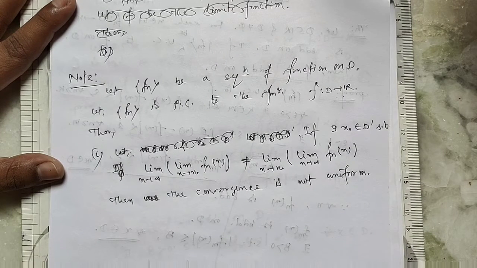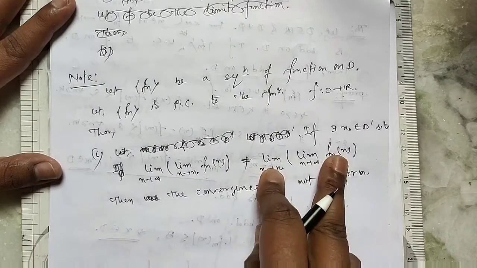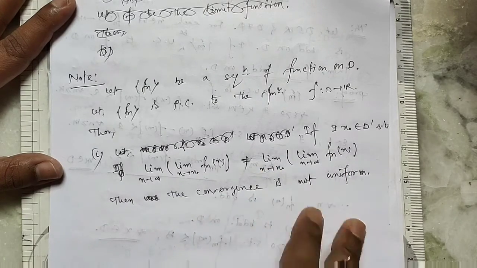If there exists x0 belongs to D dash such that this limit is not equal to this limit, then the convergence is not uniform.